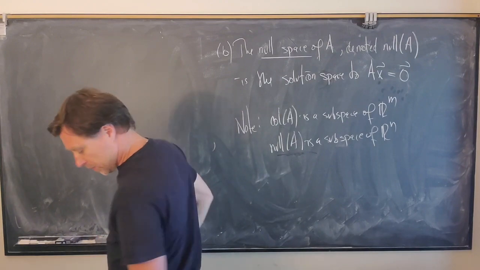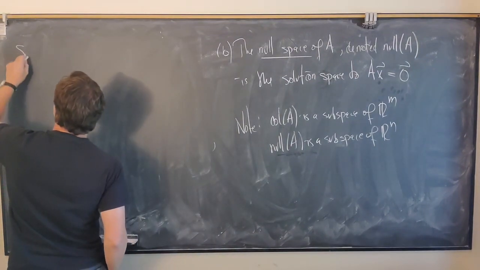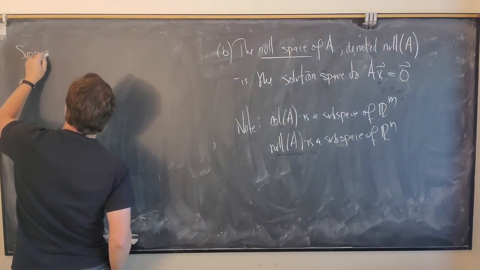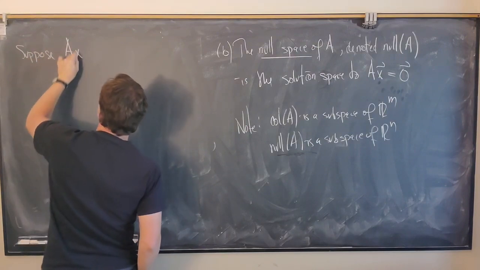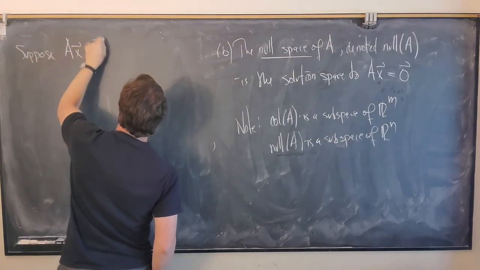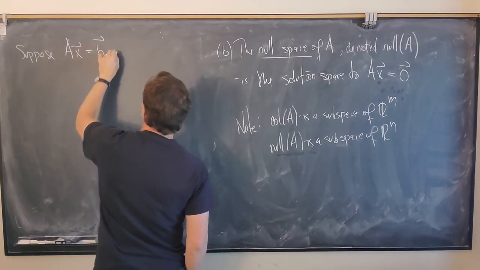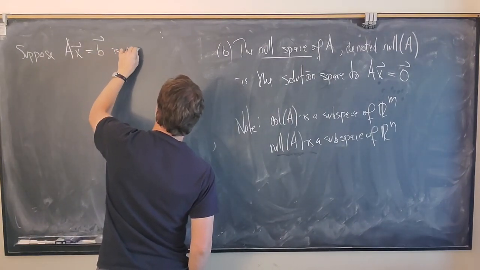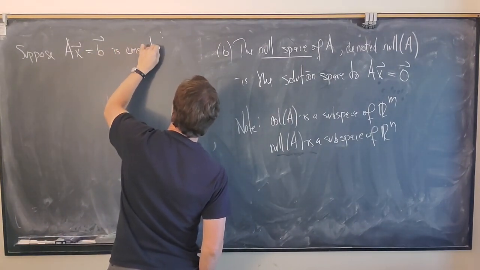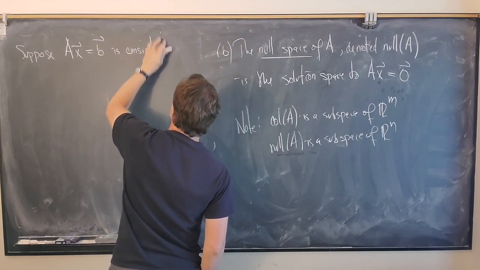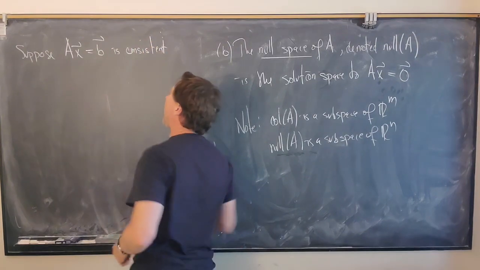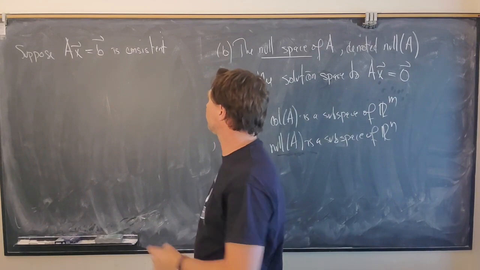Suppose that we have the system AX equals B. Now suppose this is consistent. So there is at least one vector X out there that solves this equation.